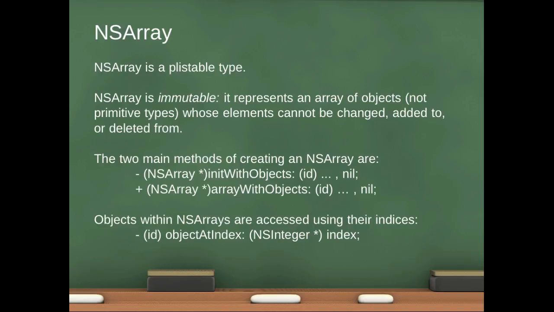Now the other way is to use the class method that corresponds with this. This also returns an NSArray, but we have a plus sign before it, meaning this is a class method. And this is arrayWithObjects. And then the list of objects, of course, is terminated by a nil as well. This gives us back what we used to call an auto-released array.